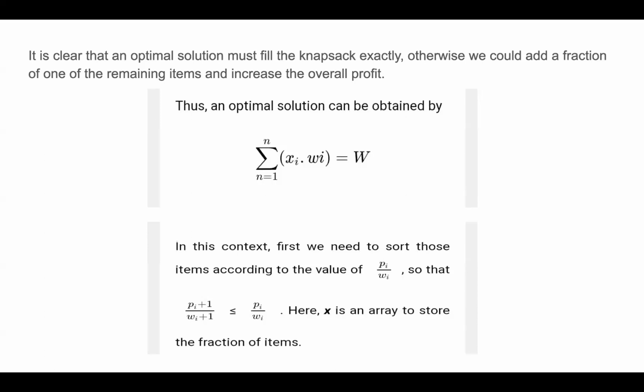In this context, first we need to sort those items according to the value of the fraction pi upon wi. That means if the profit is high and wi, that is the weight of that item, is low, we sort the items so that pi plus 1 upon wi plus 1 is less than or equal to pi upon wi.